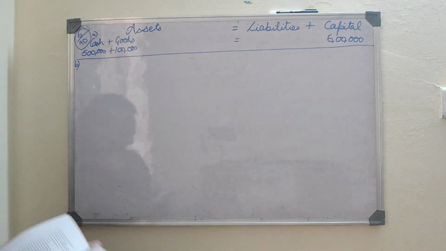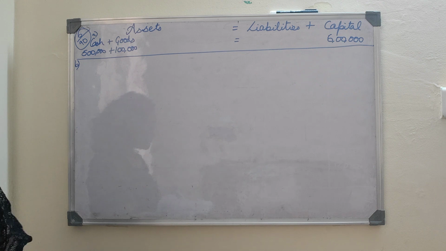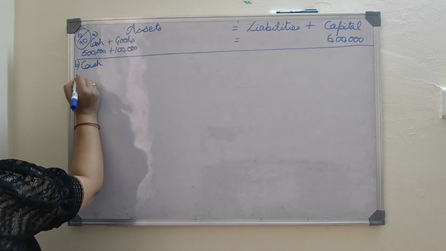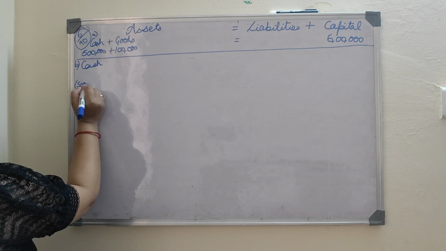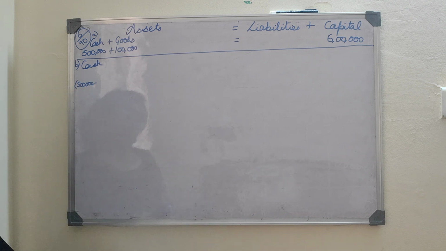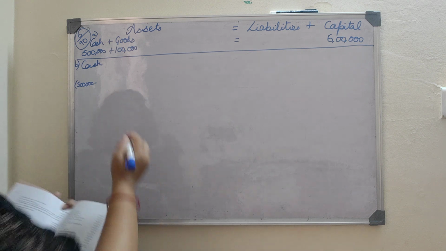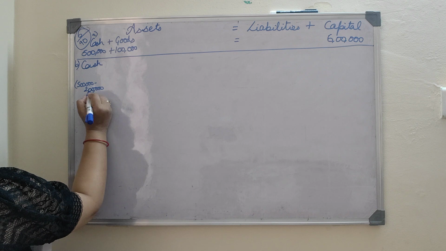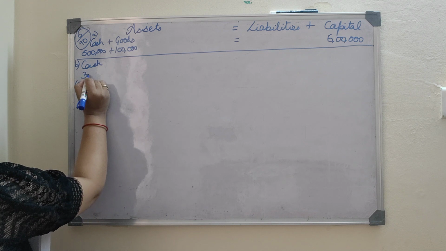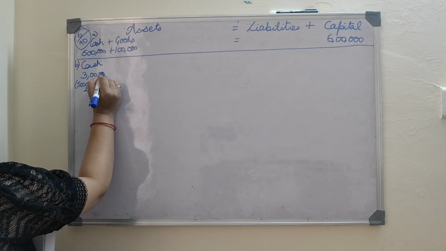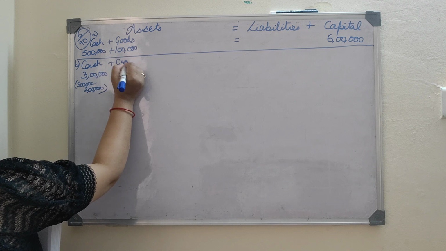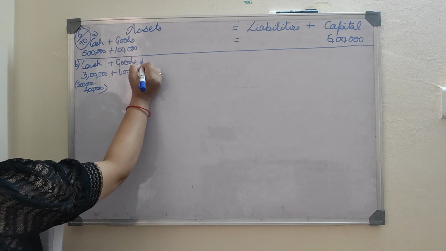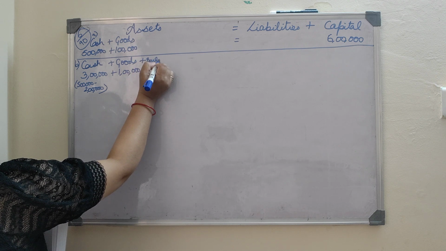Now B. Purchase building for cash 2 lakh. So building is purchased means out of cash it is used. 5 lakh minus 2 lakh, so it comes to 3 lakh. Goods remain the same, plus building.